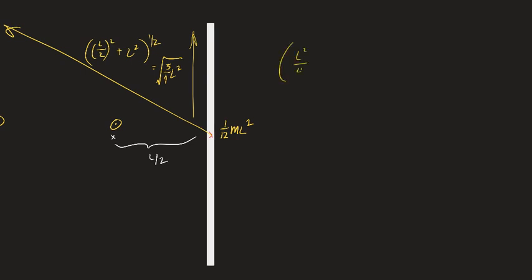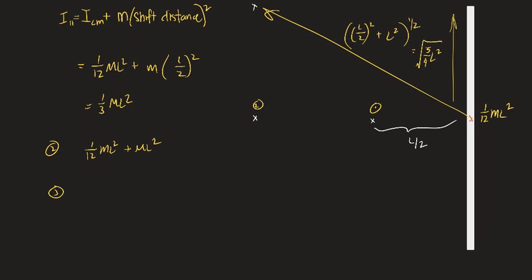L squared over 4 plus, I'm going to say 4L squared over 4 to the 1/2. Common denominators. So that's got to be 5L squared over 4. So my arithmetic was good. Solid. So back over here, 1/12 ml squared plus m times 5/4 L squared to the 1/2 squared.